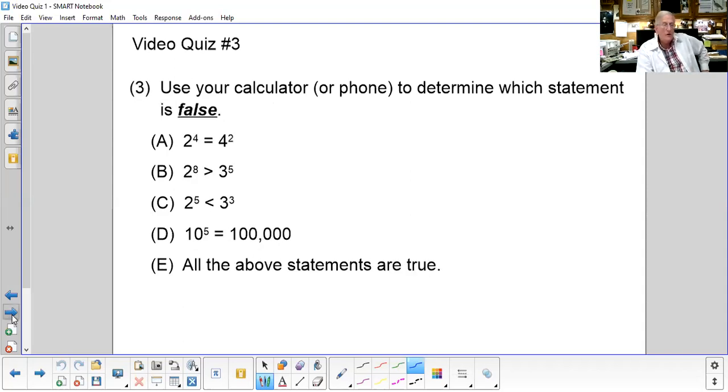Use your calculator or phone to determine which statement here is false. One of those statements is definitely wrong. They're not all true. So pick the value that's wrong. I'll give you a little time to do that. I suggest you work both sides out of those sentences in B and C, and also in D, make sure they're right.